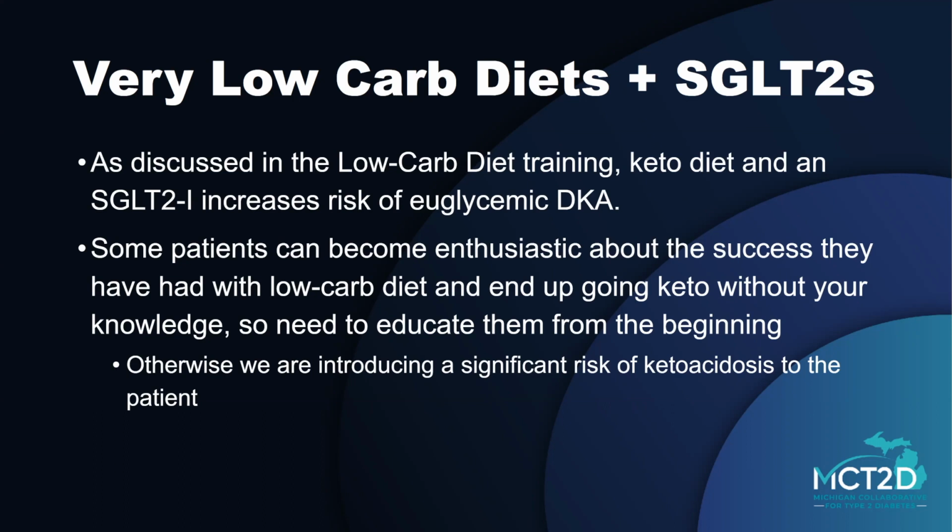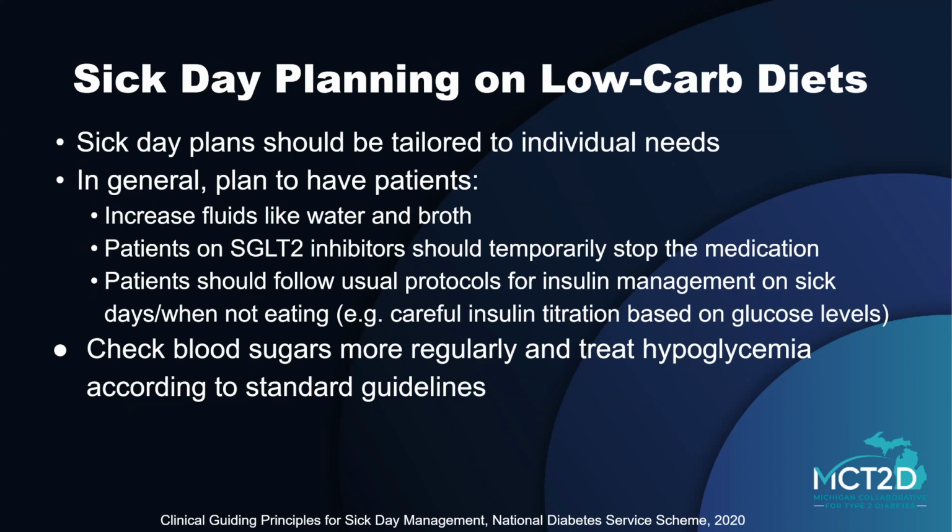All right. The other thing is that patients who are not on a very low carbohydrate diet, who've just decreased their carbohydrates somewhat to around 75 to 100 grams a day, who are also on an SGLT2 inhibitor, have to think about sick day planning.